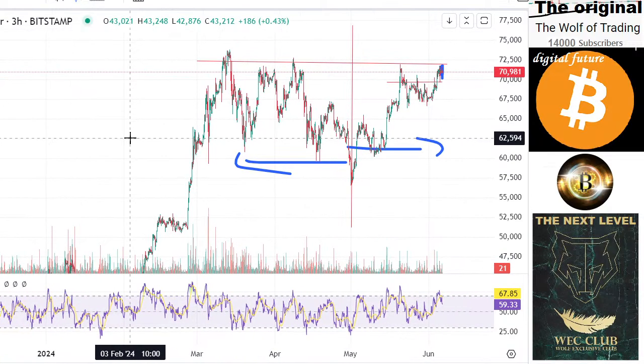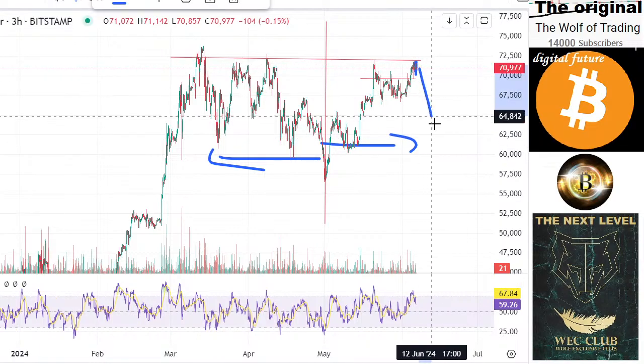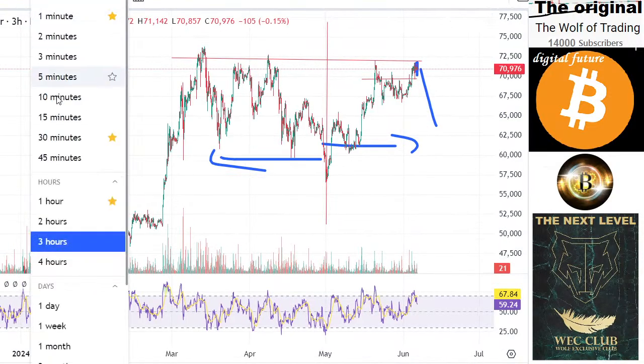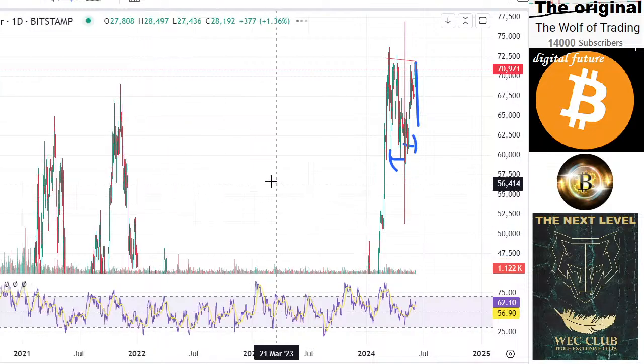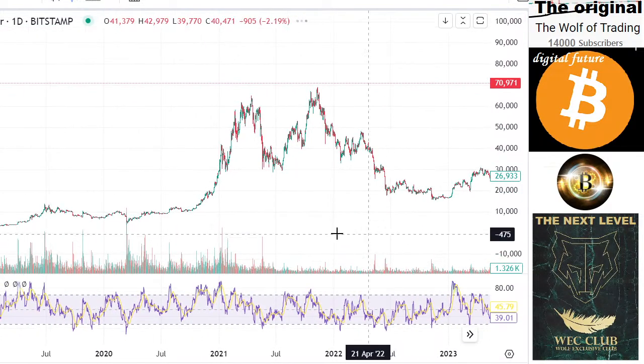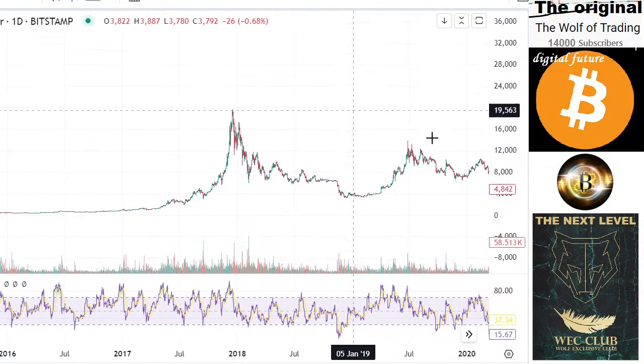In the history, often we saw that first the sell-off is coming. Yeah, the sell-off is coming. And after the sell-off, the big bull run starts. And we saw this in the history many times. I can give you an example. Let's look to the history back.